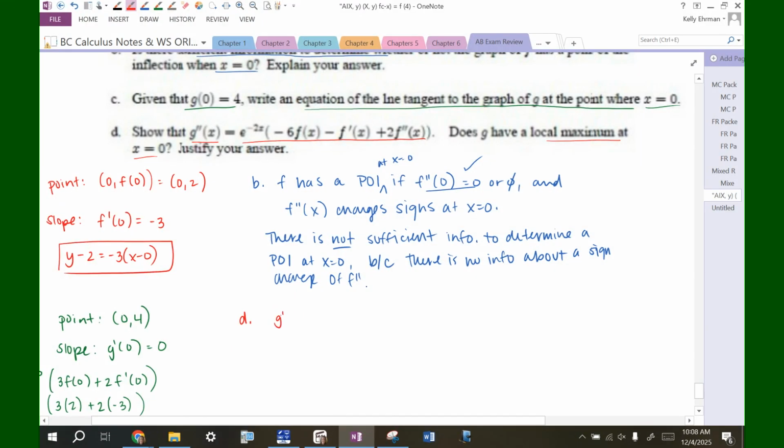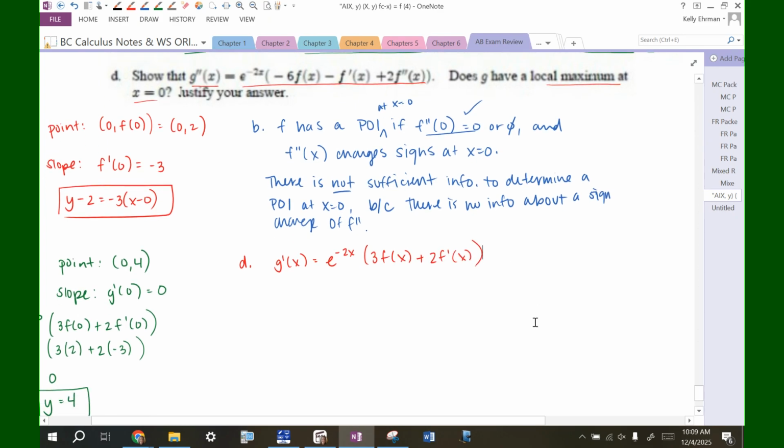Okay, so g prime, I need to have it written down here. e to the negative 2x times 3f of x plus 2f prime of x. We are taking the derivative of a product where this is the first function and this is the second function.